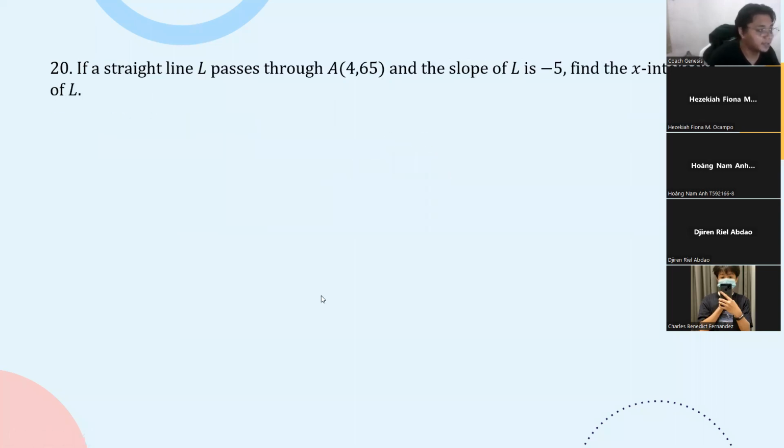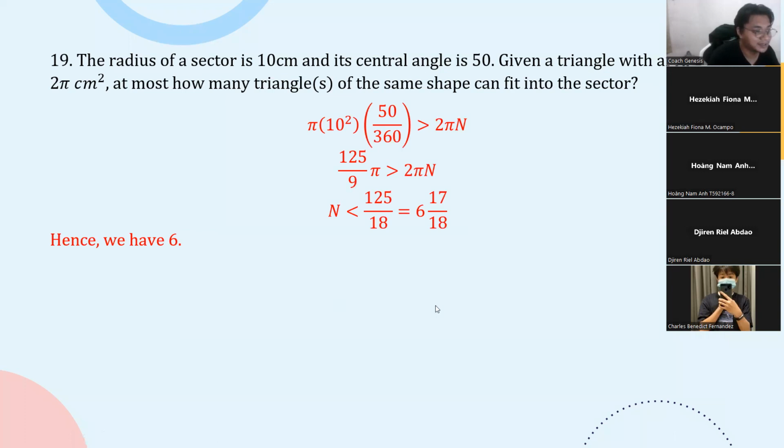Okay, number 19. Yes. So what we just did to number 19 is compute the area of the sector, and then knowing that a triangle is somehow pointy, right? A pointy polygon. It does not have any curves.